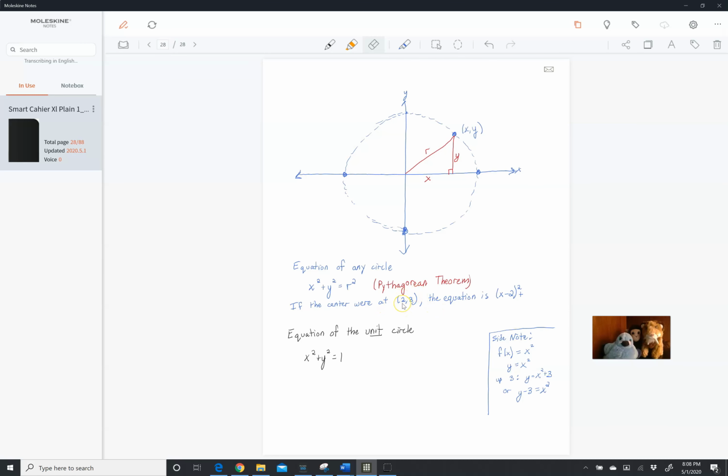So we do the opposite for the 2, it becomes x minus 2, and the same thing is true for the 3, it becomes y minus 3. And this is equal to r squared.